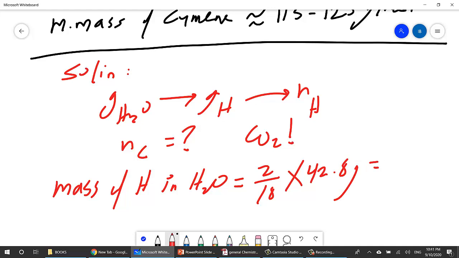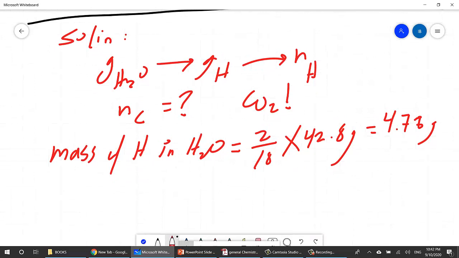If you do the math, that will give you about 4.78 grams of hydrogen. So the mass of H in H2O is 4.78 grams.